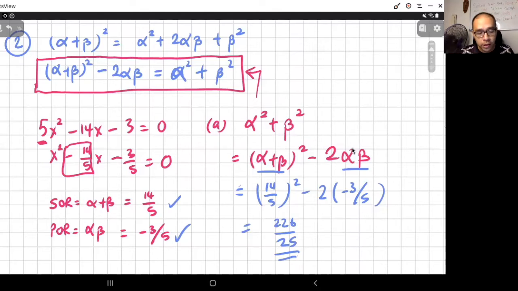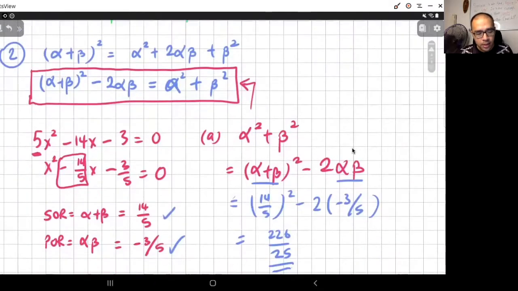If I give you the alternative, which is to solve the equation first, then find alpha and beta separately and then add them, you can do that. But it's just going to solve this question. It's not going to solve the other questions, because not every question will actually have enough information for you to find alpha and beta.